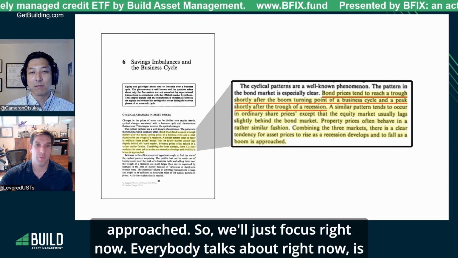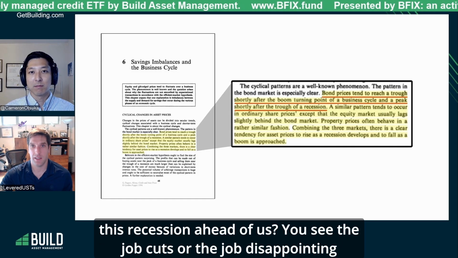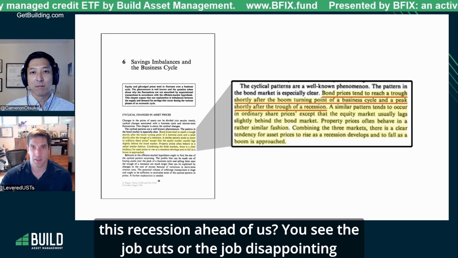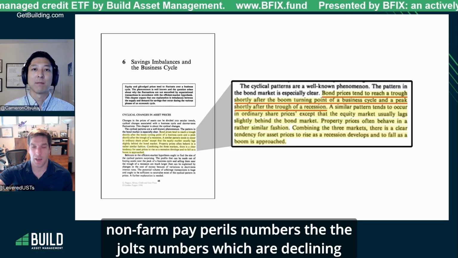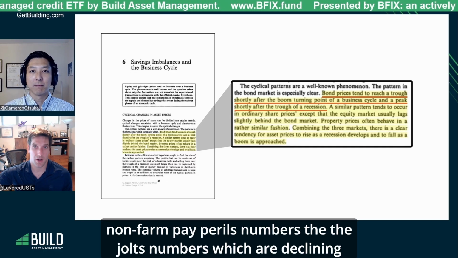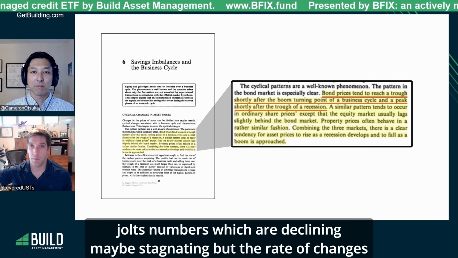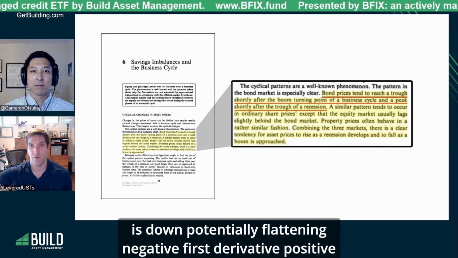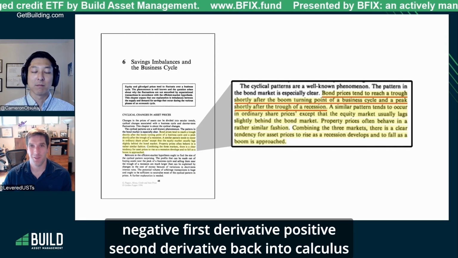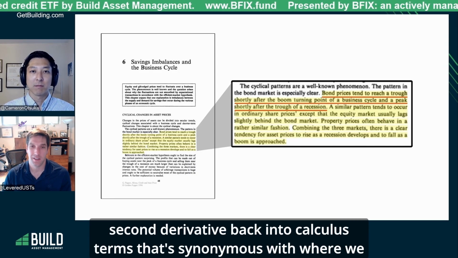So we'll just focus right now. Everybody talks about right now, is this recession ahead of us? You see the job cut or the job disappointing non-farm payrolls numbers, the JOLTS numbers, which are declining, maybe stagnating, but the rate of change is down, potentially flattening. Negative first derivative, positive second derivative, back in the calculus terms.